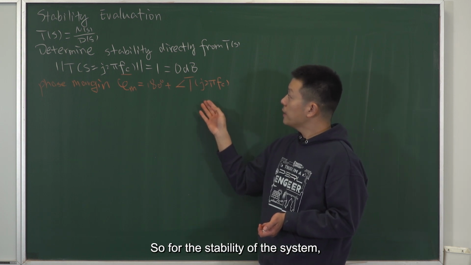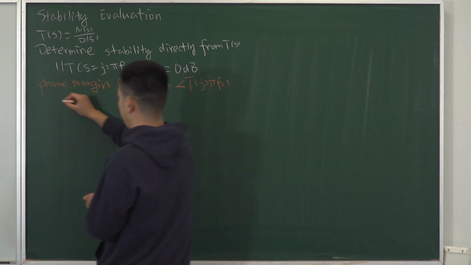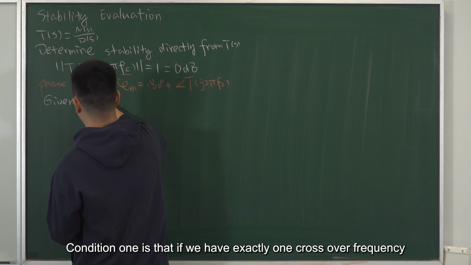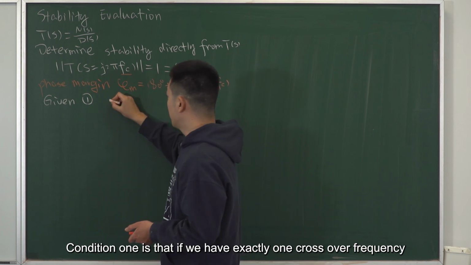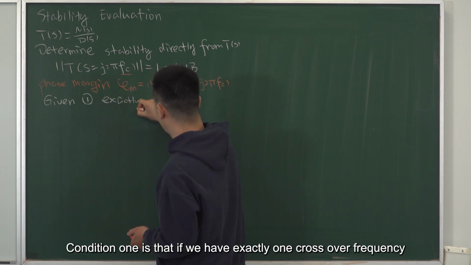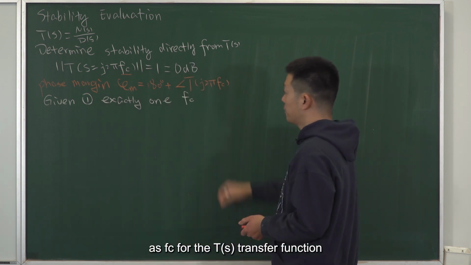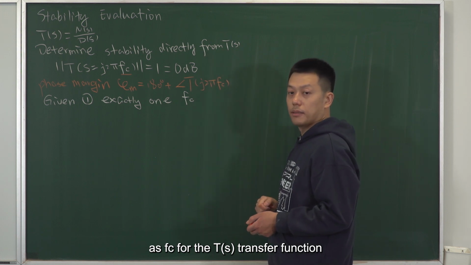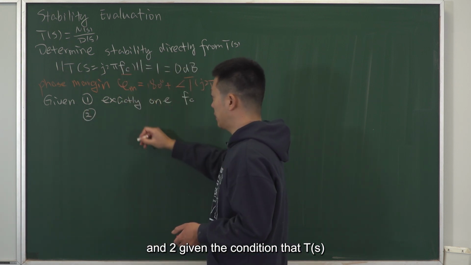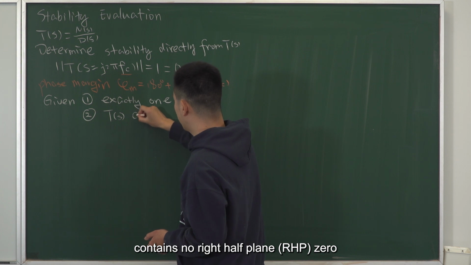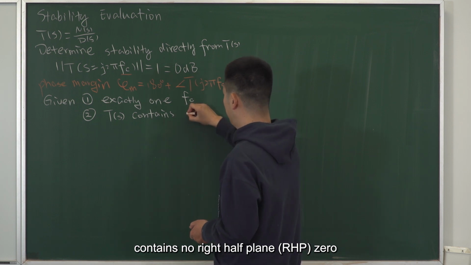For the stability of the system, given two conditions: condition 1 is that we have exactly one crossover frequency Fc for the T(s) transfer function, and condition 2, T(s) contains no right half plane zero.